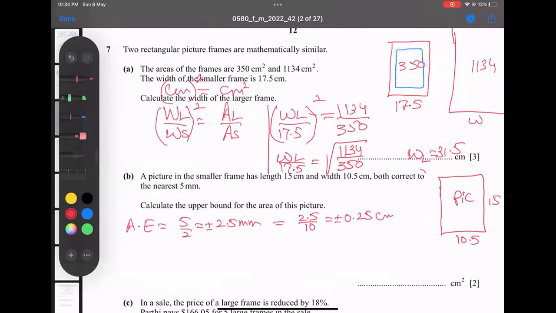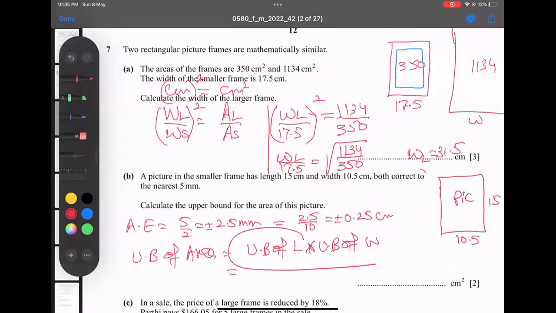Now the upper bound of the area. The technique is the upper bound of length times the upper bound of width, so multiply them.